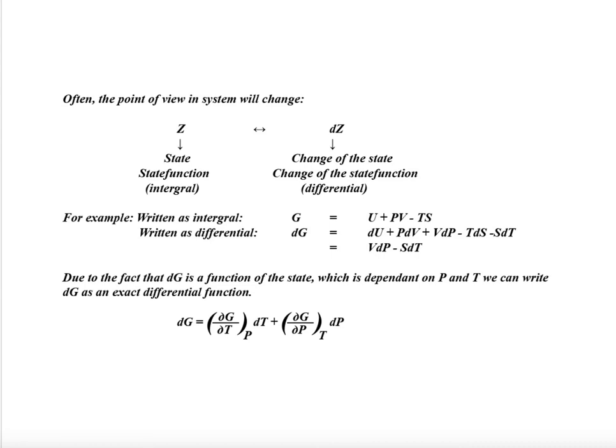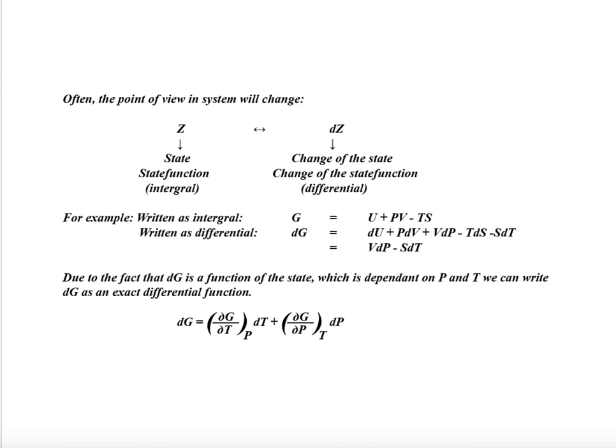Or we can write it as a differential, then we have dG is dU plus PdV plus VdP minus TdS minus SdT. And that can be formulated as VdP minus SdT.